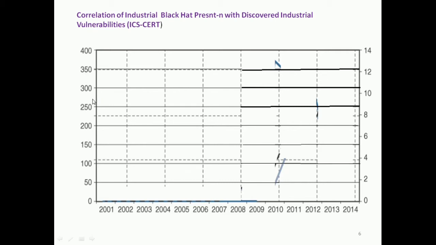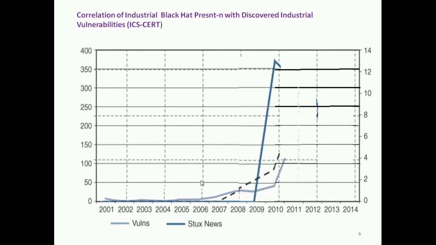This plot shows that after the Black Hat conference, there are three datasets. One is Black Hat, another is the Stuxnet malware, and the one more is the vulnerability, right?